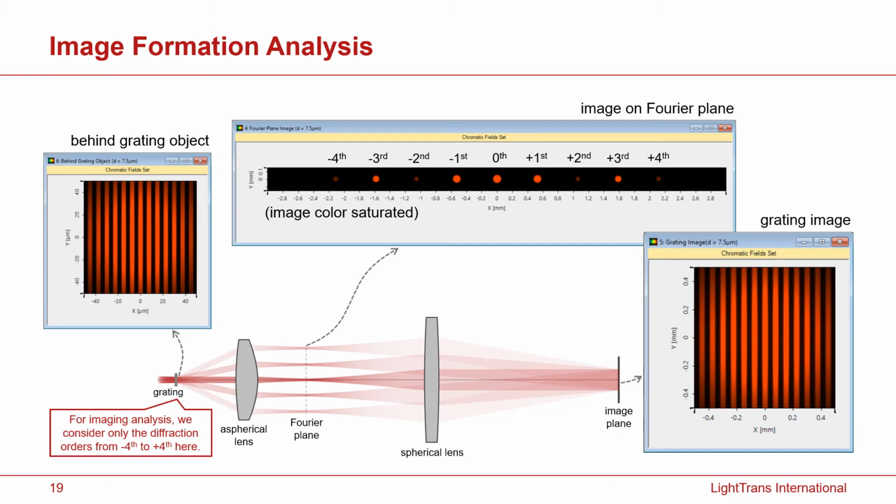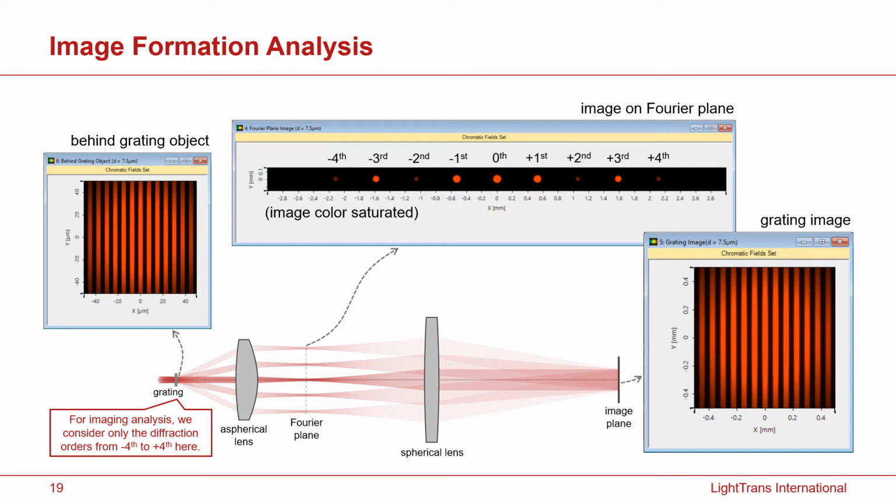Now this is an example of what we can see in VirtualLab simulation. The first thing you can see is that if you illuminate a chromium grating with a laser beam, you can directly see the field behind this object. Here you see alternating bright and dark stripes.